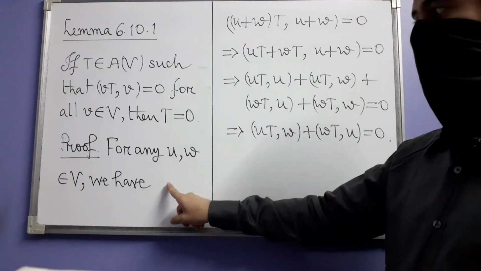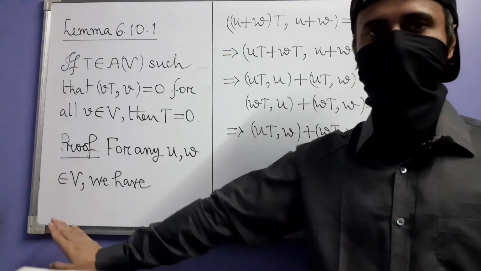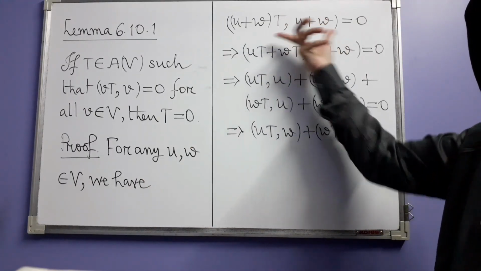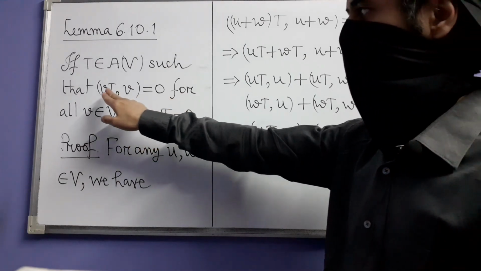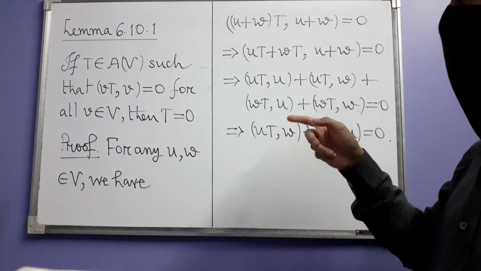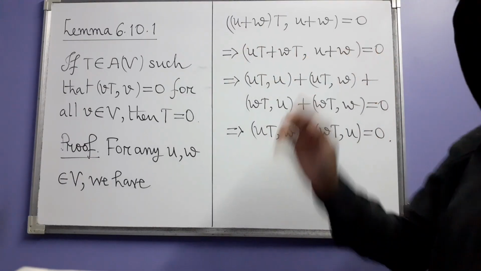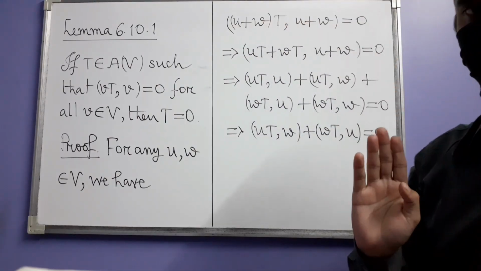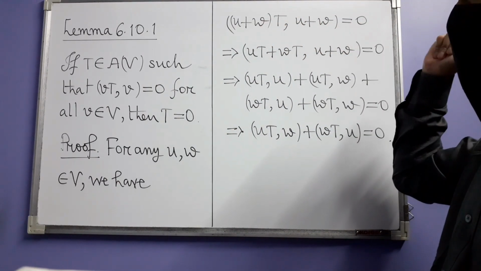So the proof starts like this, by taking any two vectors u and w in V, and for such vectors we consider this fact. This is given to us: the inner product of vT and v is equal to 0 for any v. So in place of v we can consider u plus w. Then also this will be true. The T image of u plus w and u plus w are orthogonal, that is, their inner product is 0.